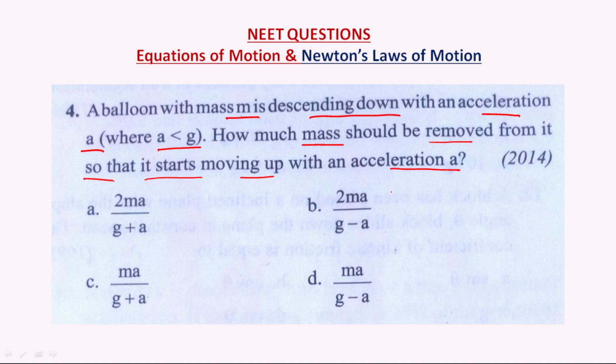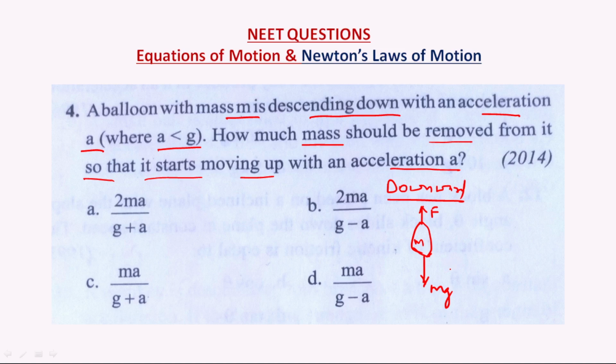First, because it is moving downward, so descending. If we make a free body diagram of that balloon, suppose this balloon is there having mass m, but it is descending down. So mg acts downward, and the buoyant force acts upward.